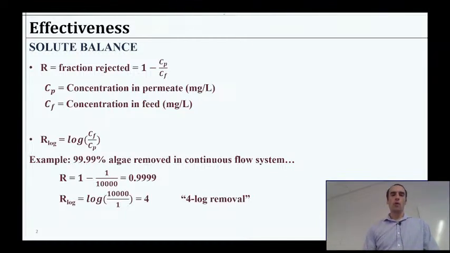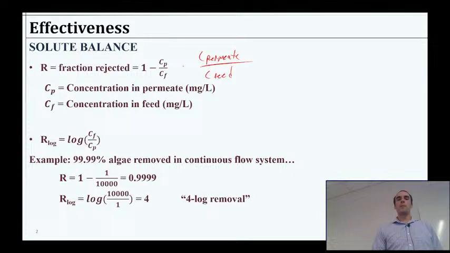So that'll be 1 minus the concentration in the permeate divided by the concentration in the feed. Right? So 1 minus that, because the amount that's in the permeate is the amount that escaped. So what didn't escape is the stuff that didn't make it into the permeate, right? So we can understand the fraction in that way.